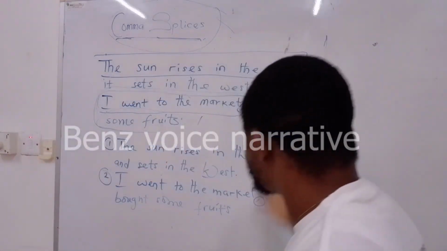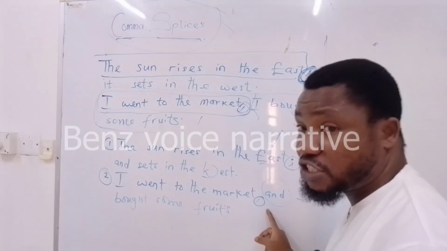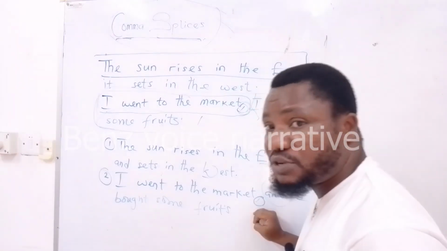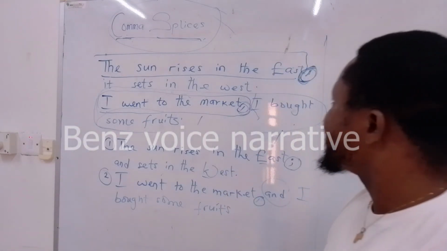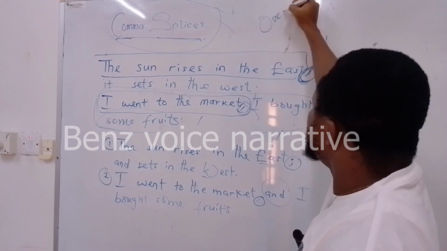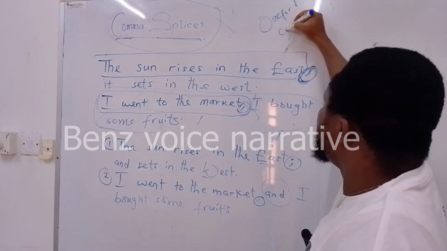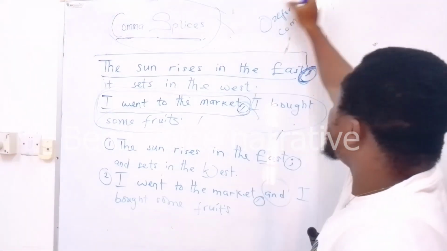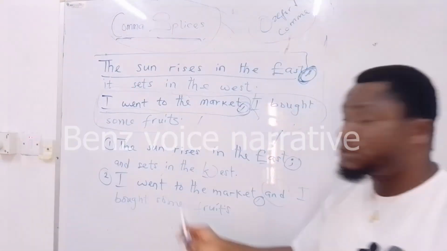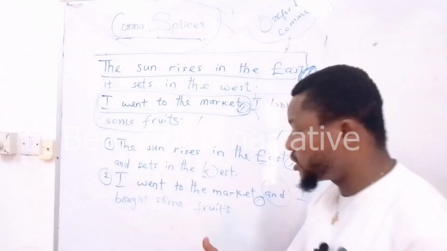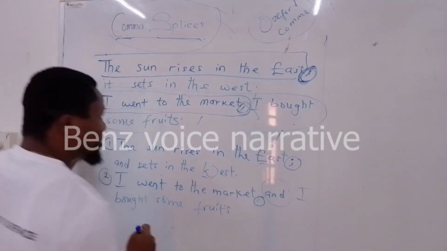The presence or the introduction of this comma before the conjunction is another concept in the English language. Very new concept, and it's known as the Oxford comma. I'm going to talk about this in another video, but now let's concentrate on comma splices and how to correct comma splices in the English language. So that's that about the second example.